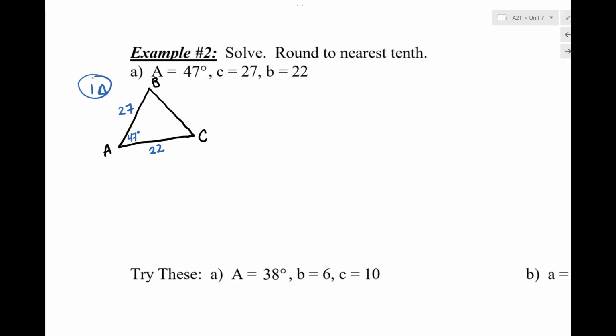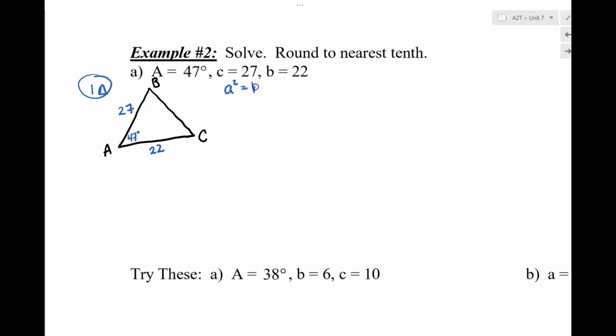Here we go. It doesn't really matter what you solve for first. Since I was given big A, though, I do want to solve for little a using the law of cosines. I say it doesn't matter because you could drop an altitude and try to go that route as well. Recommend that? Nope, probably not. So if you're given side, angle, side, definitely solve for the side that corresponds to the angle given.